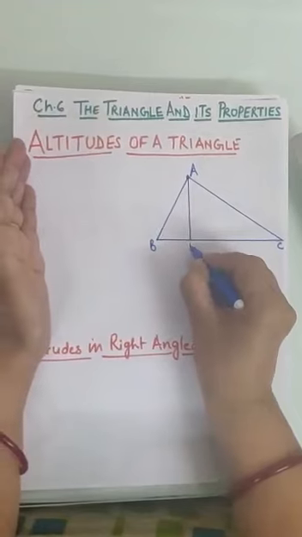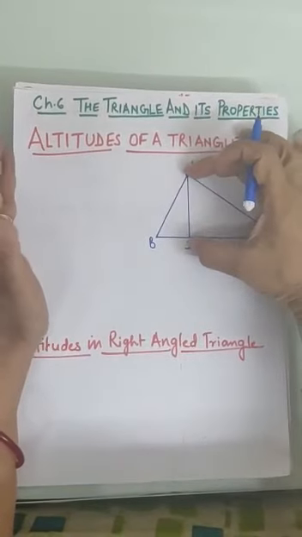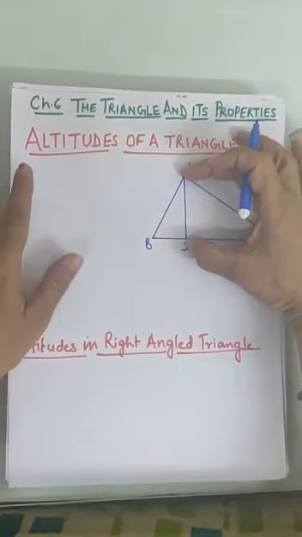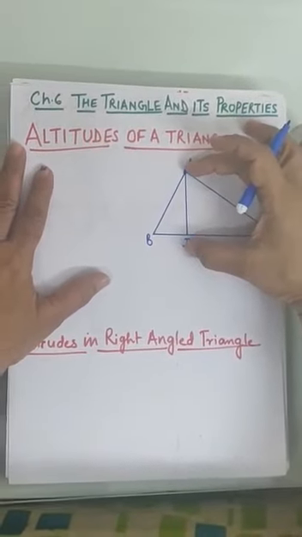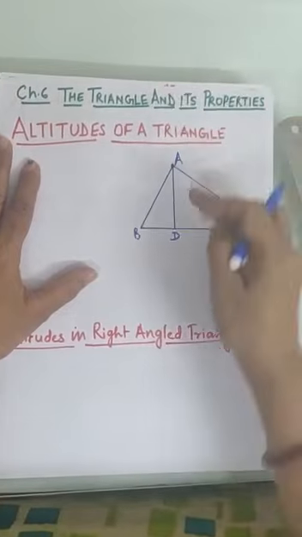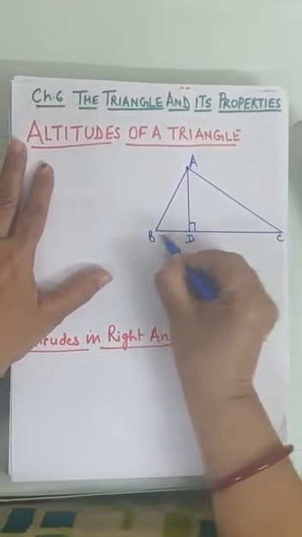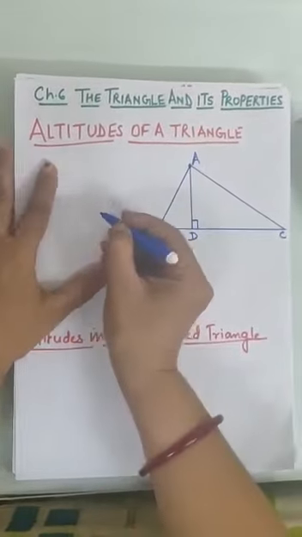Mark this point as D. This AD has a specific length. So we define altitude of the triangle as the line segment joining the vertex and perpendicular to the opposite side.